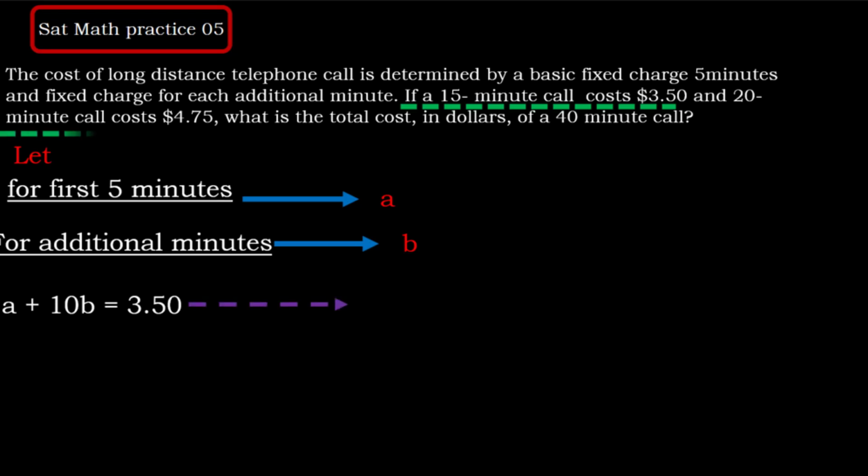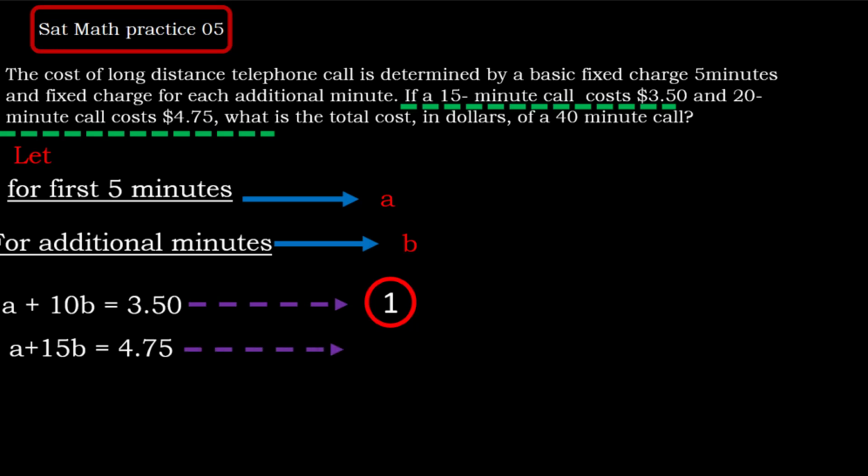This is equation number 1. And for the 20-minute call, 20 is 5 plus 15, so the second equation is A plus 15B equals 4.75. We can solve the system of the two equations by subtracting.